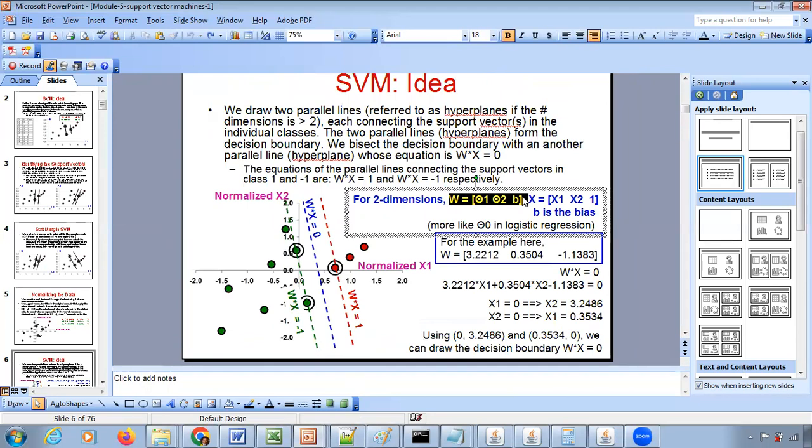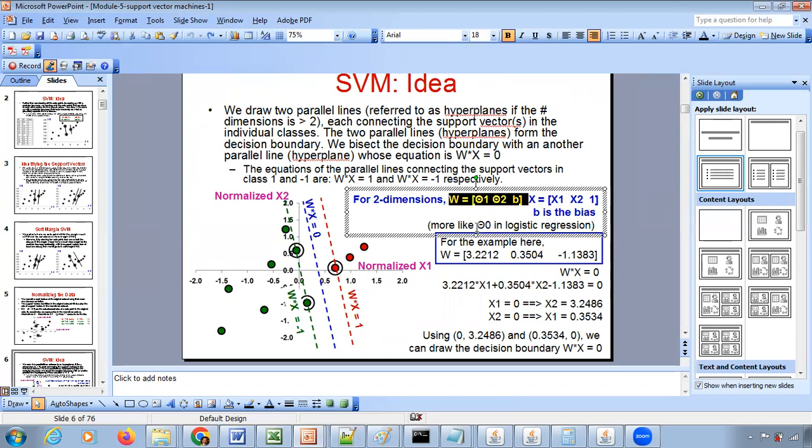So again, we're going to fit the data points and find the values of the parameters, theta 1 and theta 2, that together with the bias will form the weight vector. Okay, so this is for two-dimension data. We have two features. So given the two features, x1, x2, we are going to find a weight vector given by theta 1, theta 2, and b.